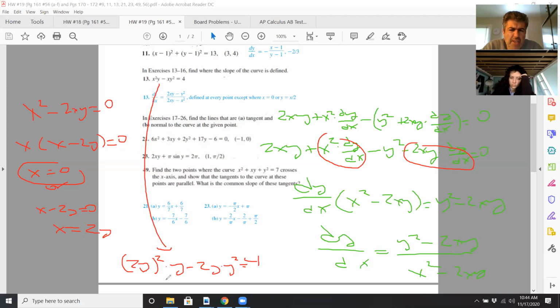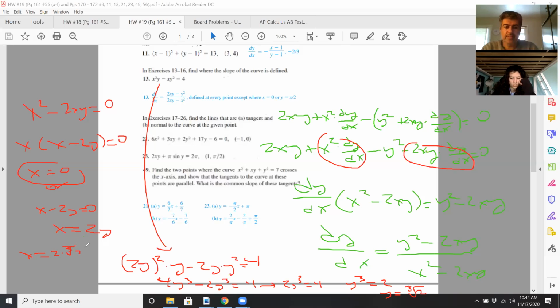That's 4y cubed minus 2y cubed equals 4, meaning that 2y cubed equals 4. Y cubed equals 2. Y equals the cube root of 2. And then you can throw it back in to get the x value, which would be double that. 2 times the cube root of 2.